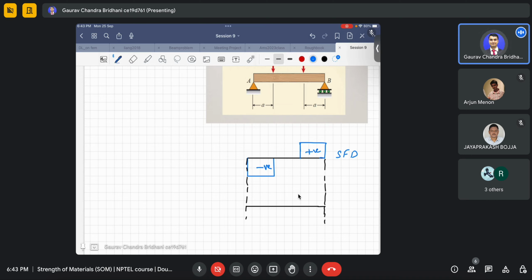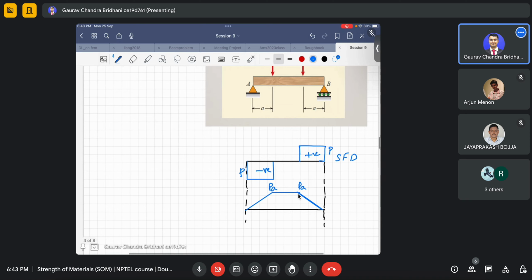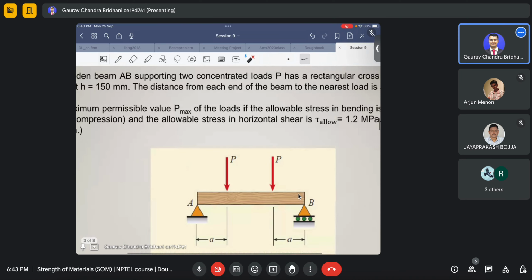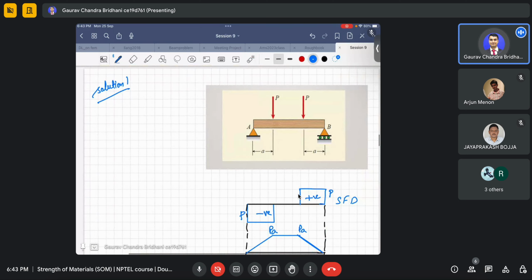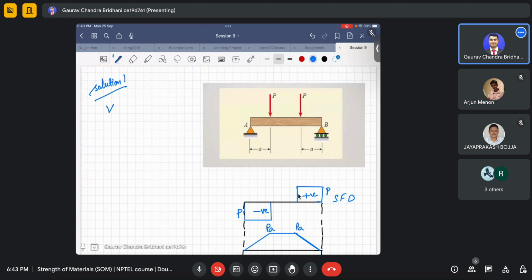So the BMD will be something like this. This will be P, this will be P, and this will be P into a, this will be P into a. I hope you saw why it is 0 here, because the bending moment between these two loads is constant. And you know one more formula: the shear force V is dM_z by dx.